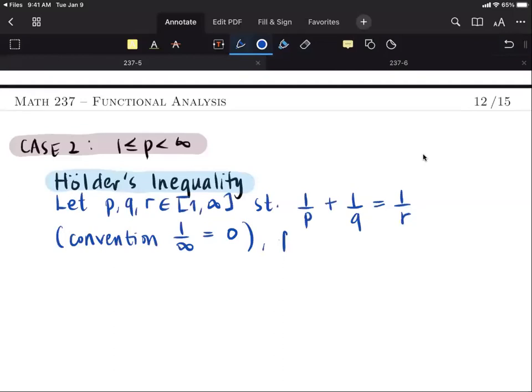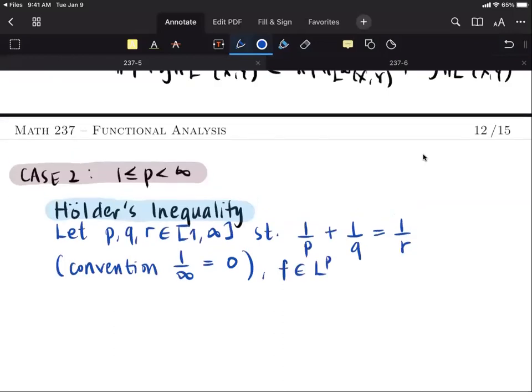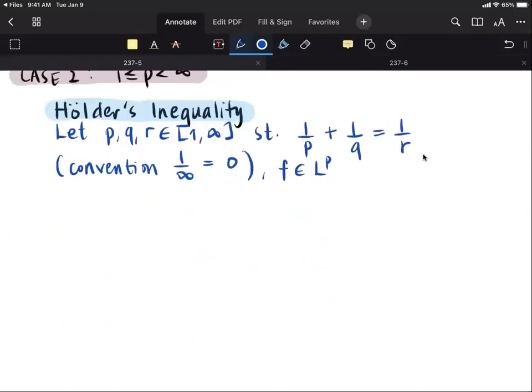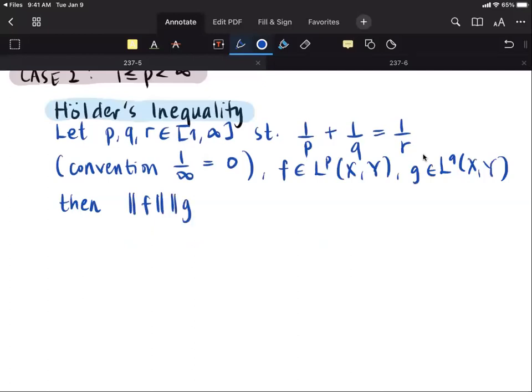Suppose I have an LP function f, without emphasizing again the measure, and then an LQ function g from x to y, then the product of the norms, where the norm is taken with respect to y, is in LR of x.